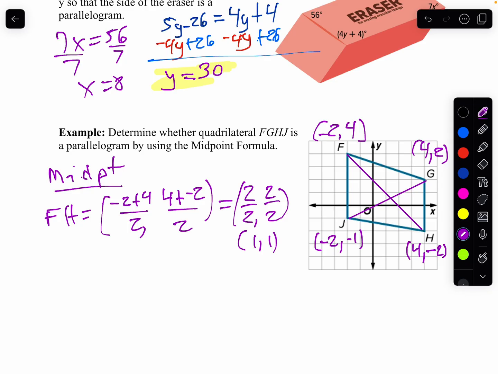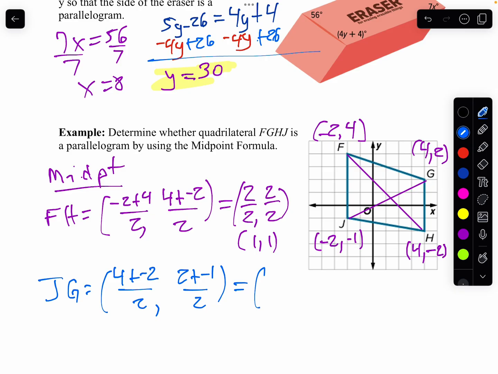Okay, now let's find the midpoint of JG. I'll go through that same step. 4 plus negative 2 divided by 2. 2 plus negative 1 divided by 2.